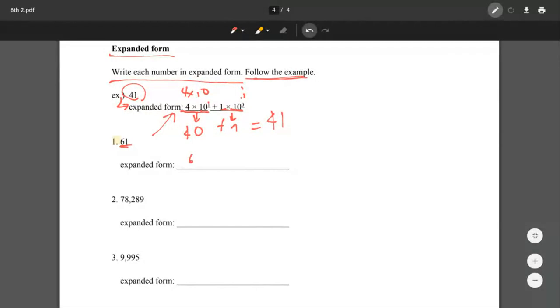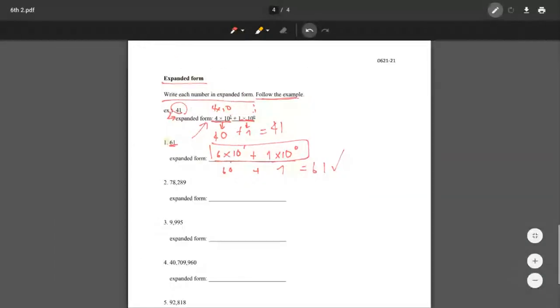So 6 times 10 to the power of 1, and that makes 60, right? Plus 1 times 10 to the power of 0, because that makes 1. Okay? And so 60 plus 1 equals 61, so that's true. So that is our answer.